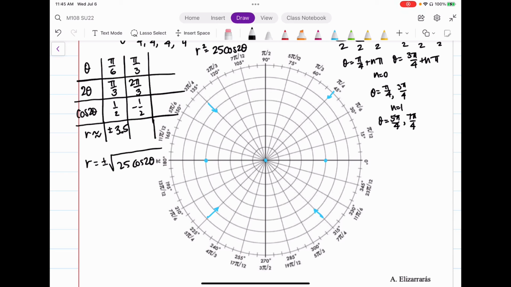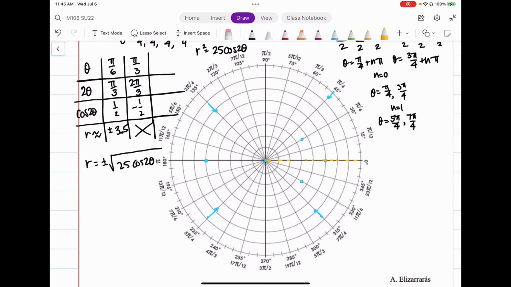When I'm dealing with the 2 pi over 3, though, r squared can't be negative. The equation doesn't have a solution in this interval here. So let me graph pi over 6 and 3.5. I also know that at 11 pi over 6, my graph is 3.5 because there is symmetry with respect to the polar axis.